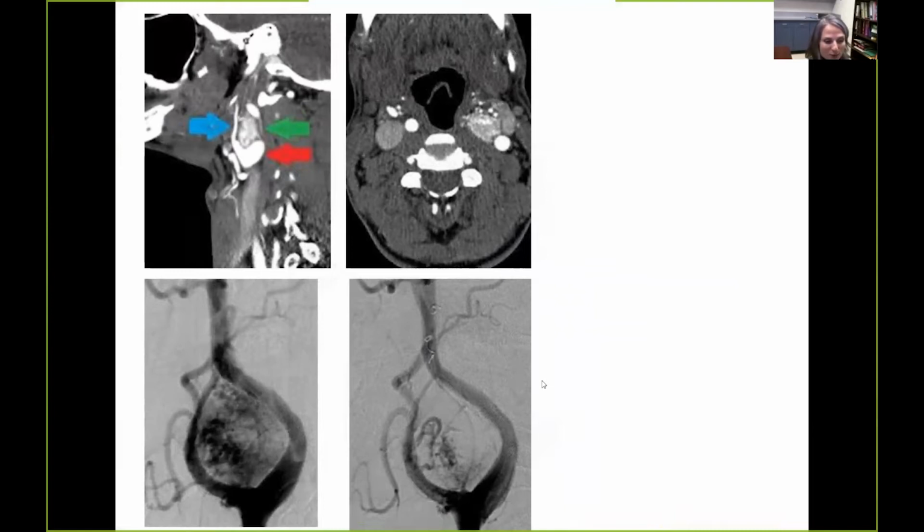Going into the carotid space, we see a lesion at the bifurcation of the common carotid artery, where it bifurcates into the ECA and the ICA. There is an enhancing lesion right there at the bifurcation on the sagittal CT.